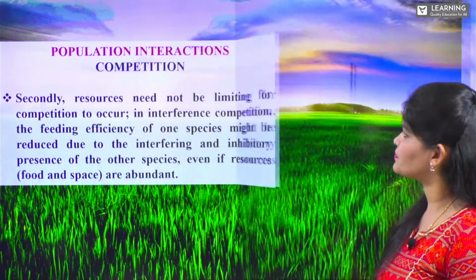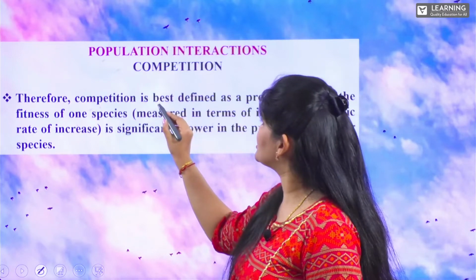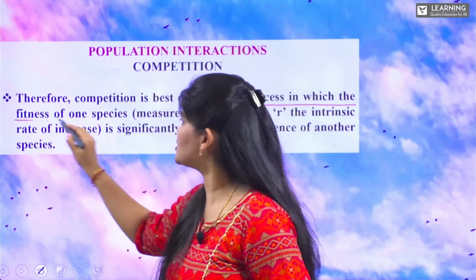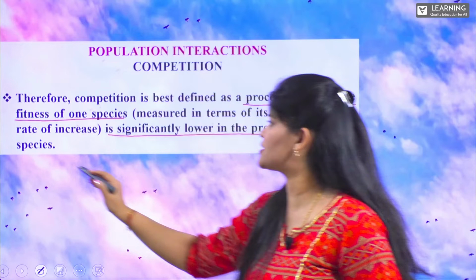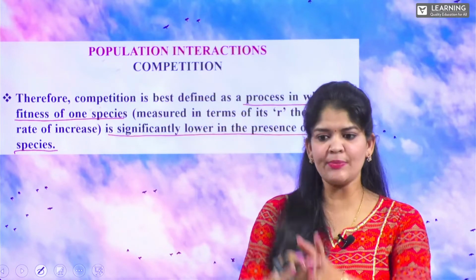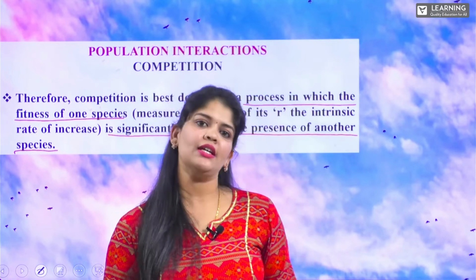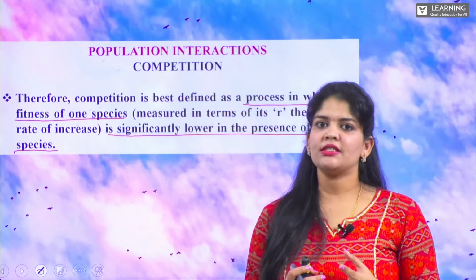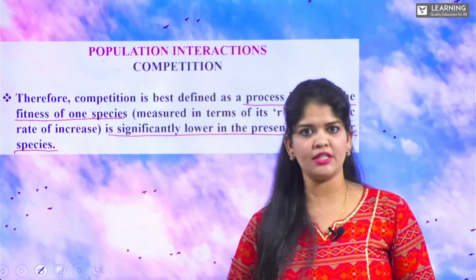Therefore, competition is best defined as a process in which the fitness of one species is significantly lowered in the presence of another species. If the fitness of one species has been reduced significantly by the presence of another species, we can call that interaction competition, no matter the availability of resources, whether limited or unlimited.